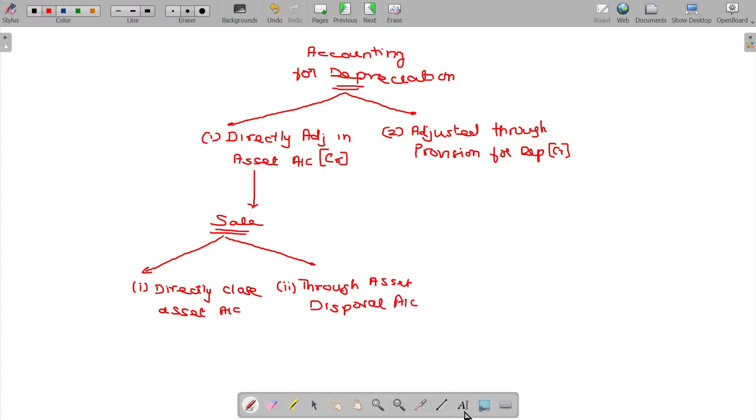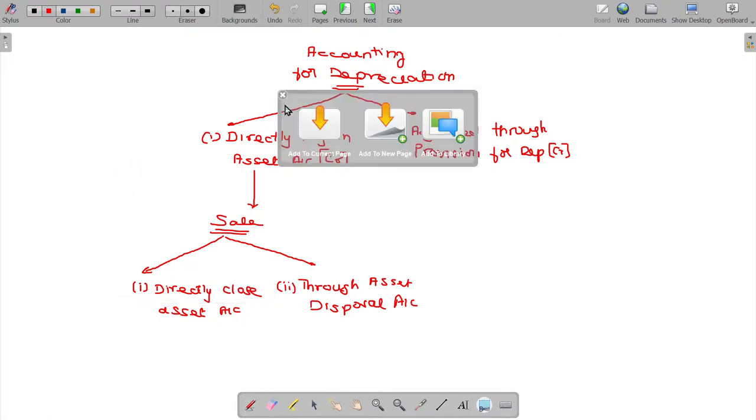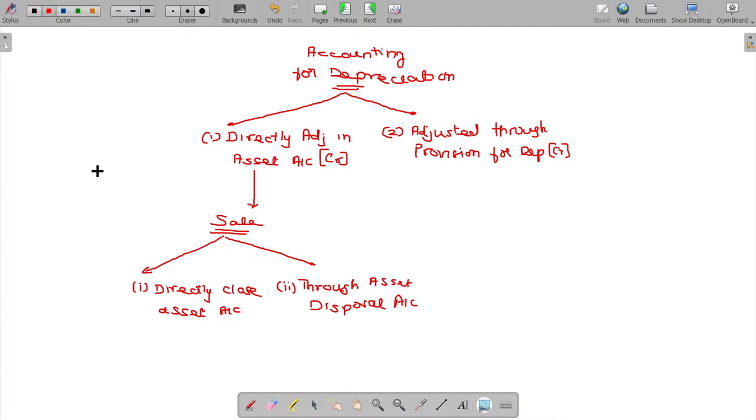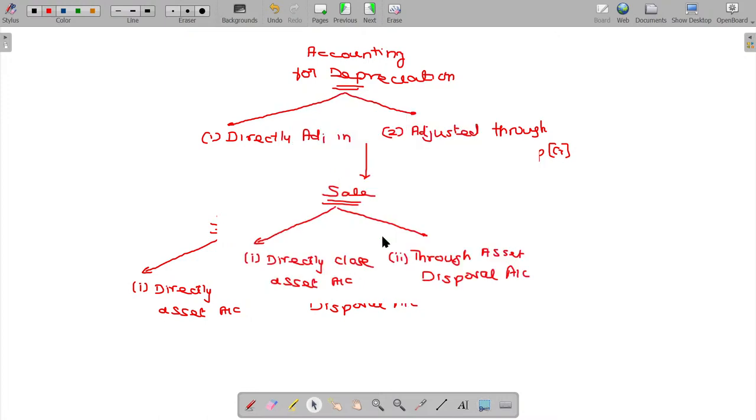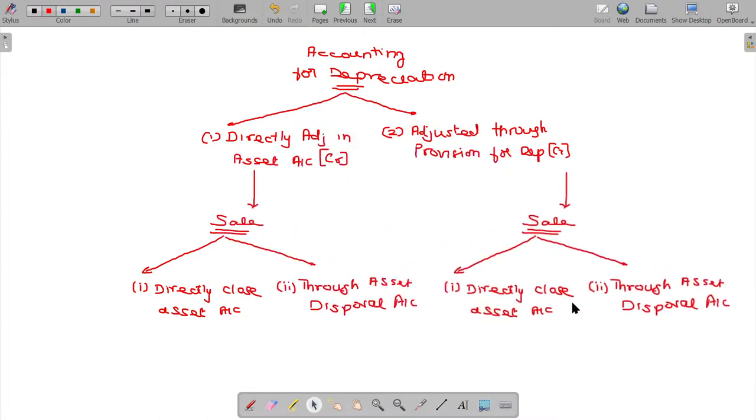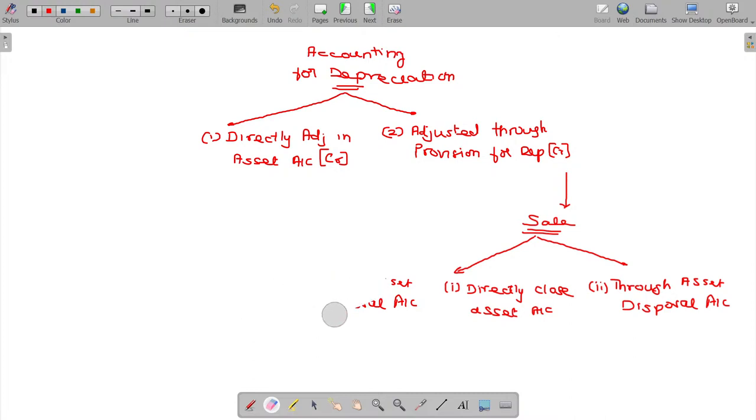The same process may come in this case also. Clear? You have to understand this clearly.